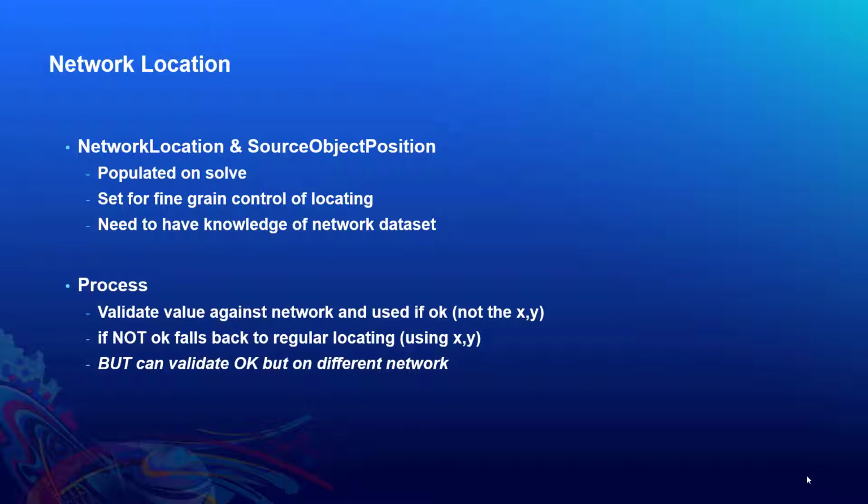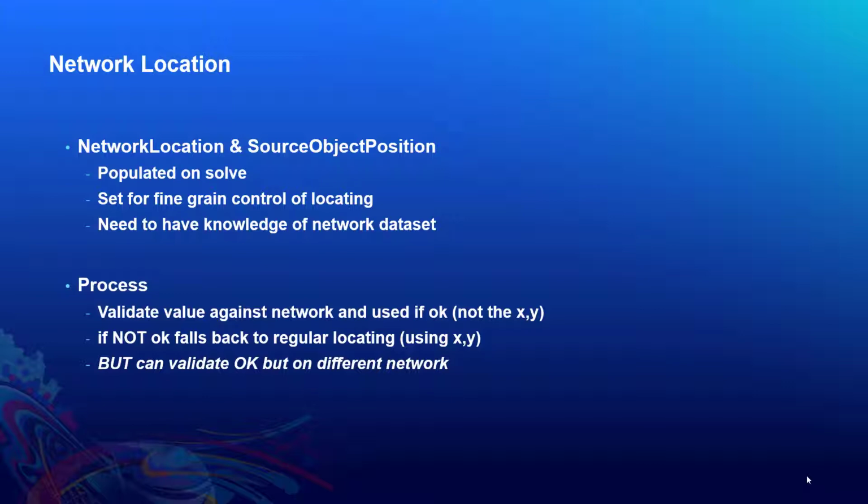Inputs also have a network location property, and associated with that is a source object position. The values for these are populated on solve, and they basically define the location by an edge ID and a percent along that edge. But these properties are also settable, and they can give you fine-grained control over locating.